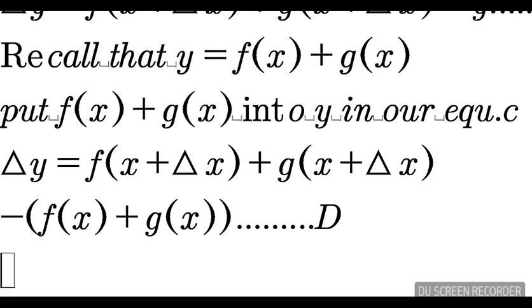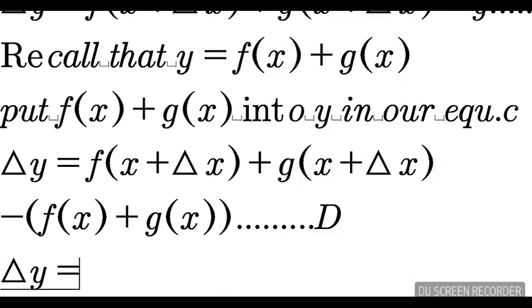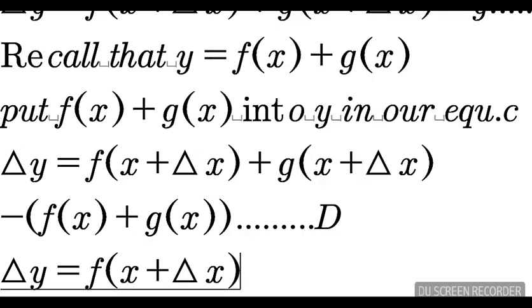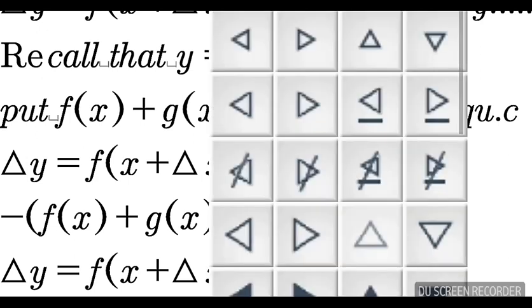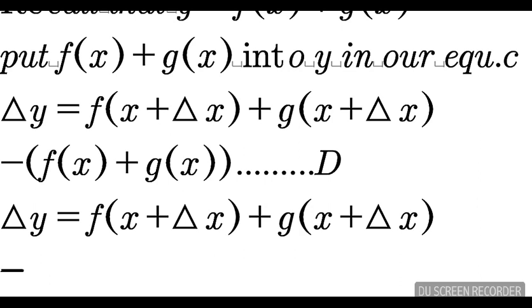We shall open the bracket. At least we have a bracket here which can be opened with minus 1, in equation D. So doing that, we have delta y equal to f of x plus delta x, plus g of x plus delta x, then minus, the bracket opens now.